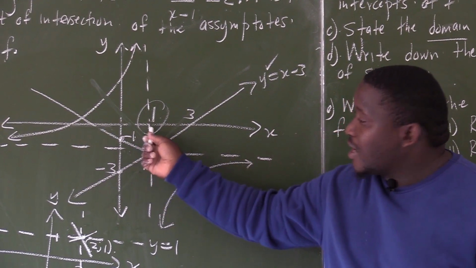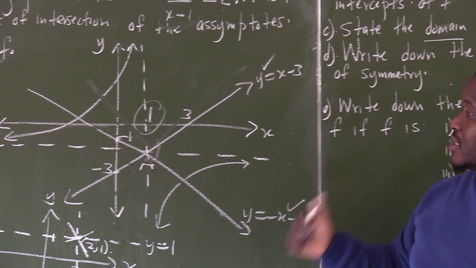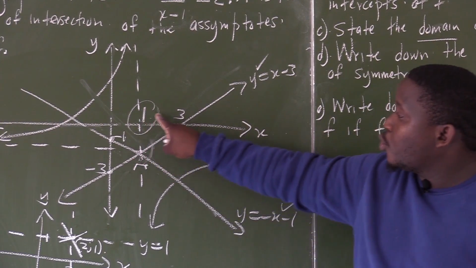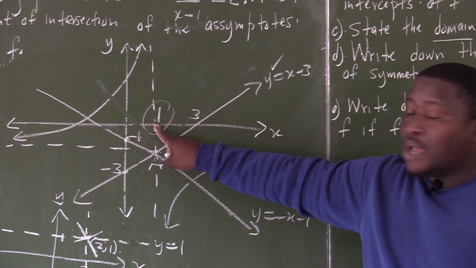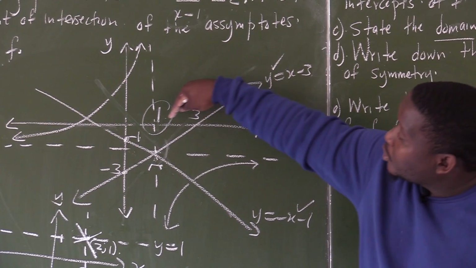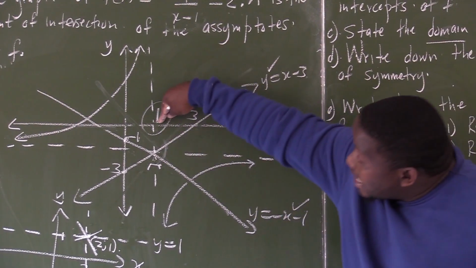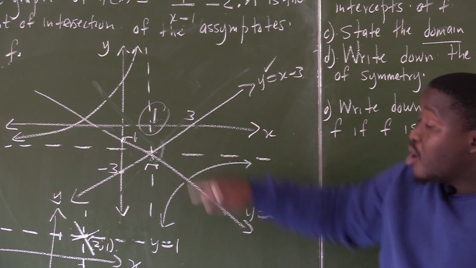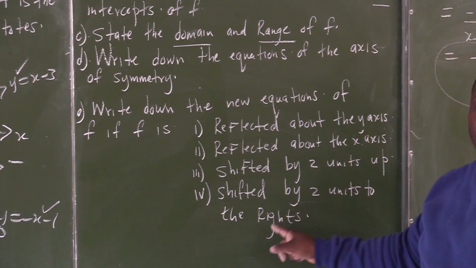If I'm shifting by 2 units, it means this asymptote will no longer be at 1, but instead at 3, because there is a horizontal movement of 2 units to the right.